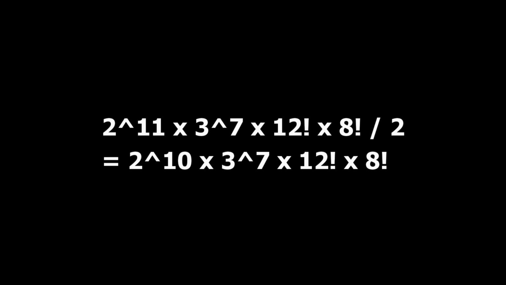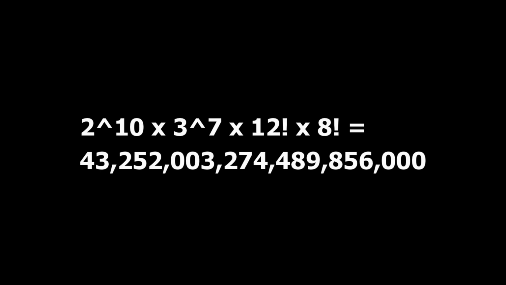Now, when we divide this by 2, the 2 power 11 and 2 can just cancel out as 2 power 10. So we get our final answer as 2 power 10 times 3 power 7 times 12 factorial times 8 factorial. Now, obviously, a human can't compute this.